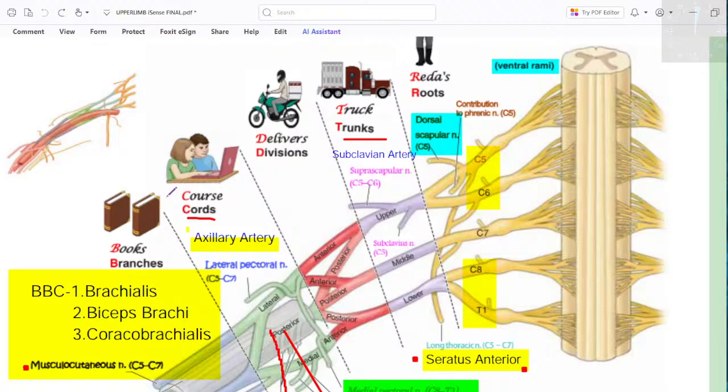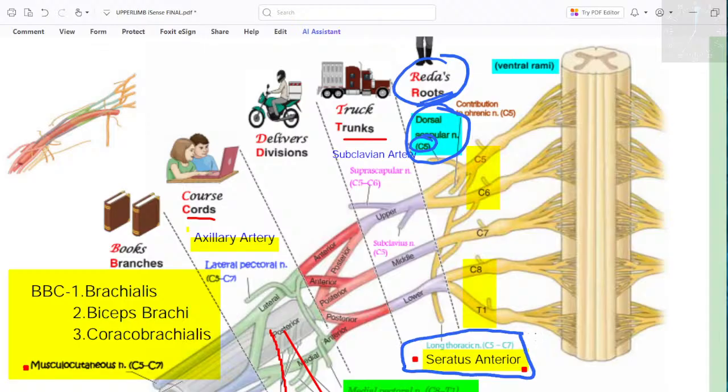So from the root we have the dorsal scapular nerve. Very important. This is an exam question. Dorsal scapular nerve, root value cervical 5, C5, and it originates from the root level. Also, we have another nerve, the long thoracic nerve of Bell.